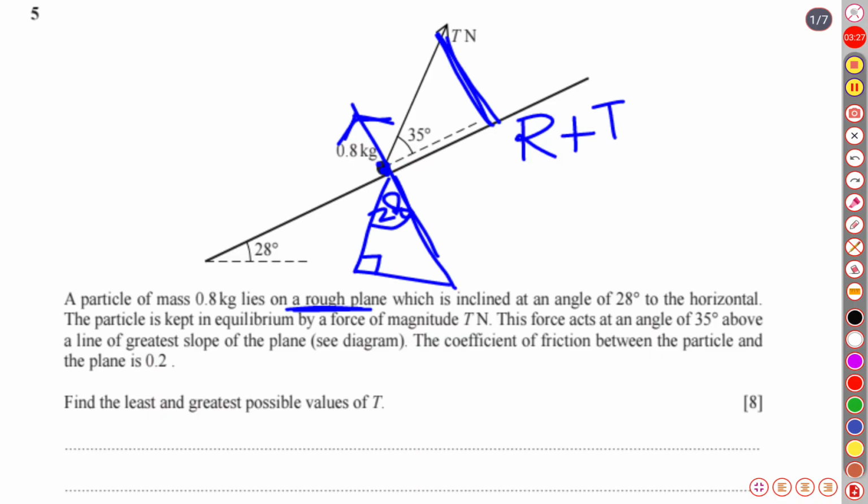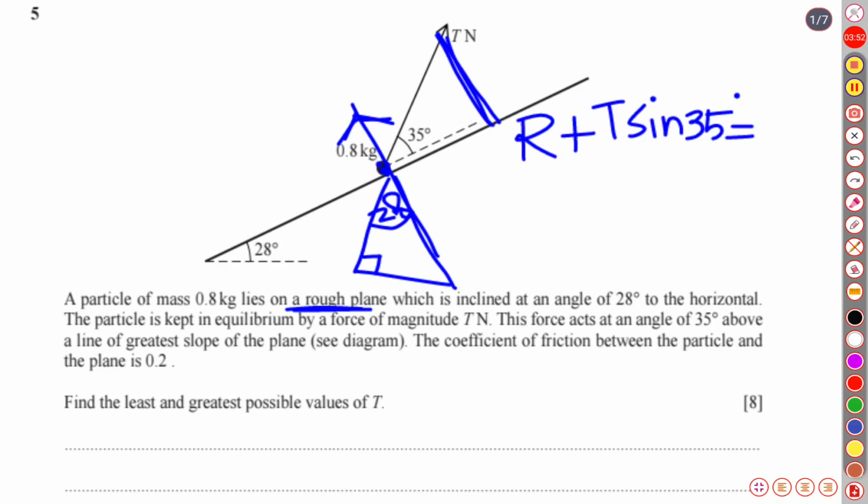For the vertical component we use sine 35. So R plus T sine 35 degrees is equal to the downward force. What is the downward force?